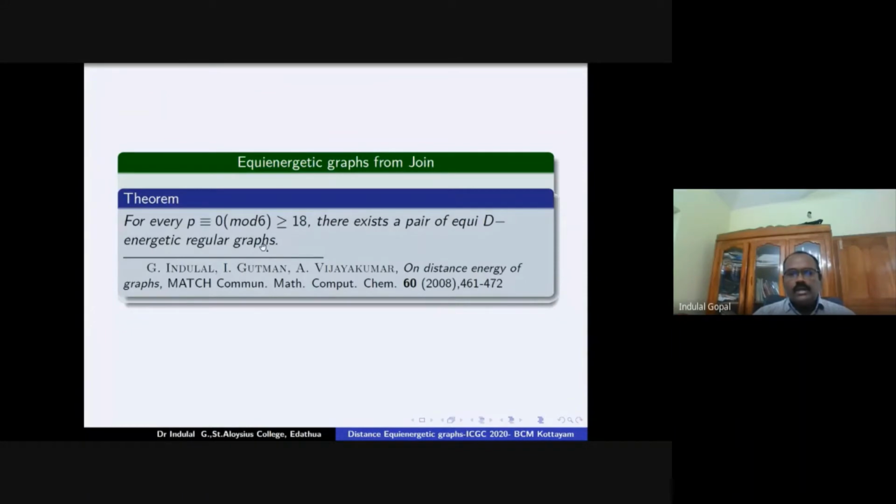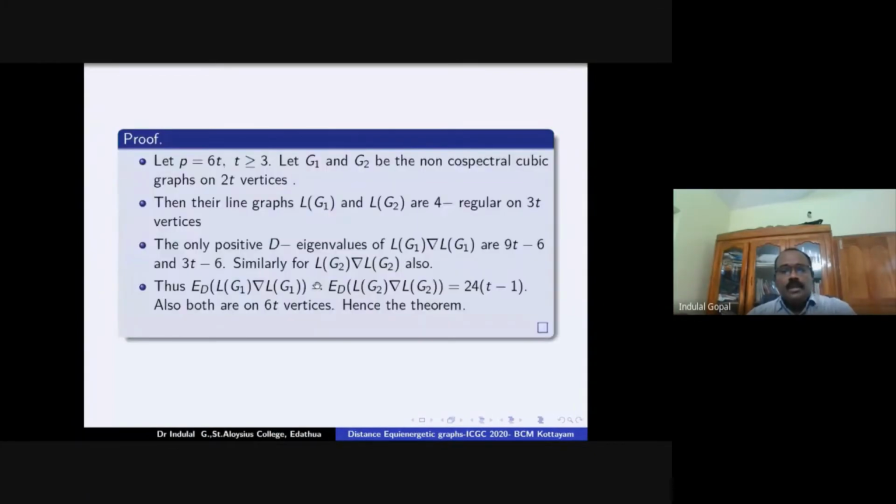The graphs so far constructed need not be regular, and the existence of a pair of distance equi-energetic regular graphs on every p equal to 6t with 6t greater than or equal to 18 is proved in this paper. And we prove this by considering these arguments.